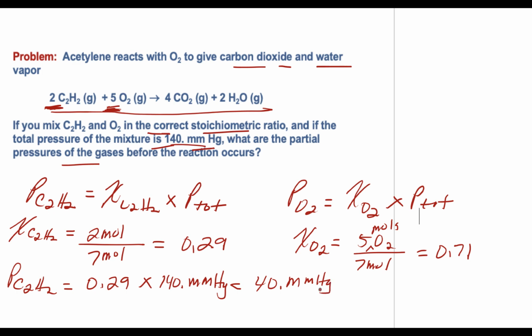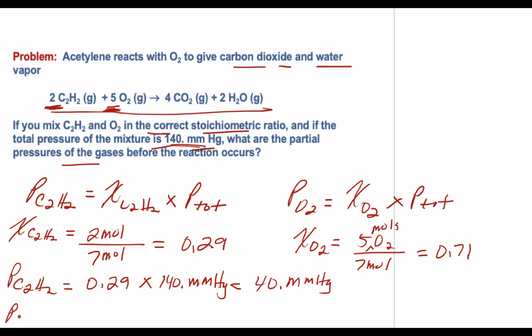And again, I could do the same thing for the oxygen as well, but I already have the total pressure, and here I have the partial pressure of the acetylene, so the partial pressure of the oxygen would be 140 millimeters of mercury minus 40.